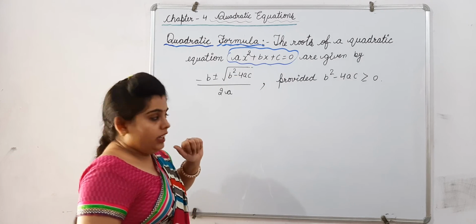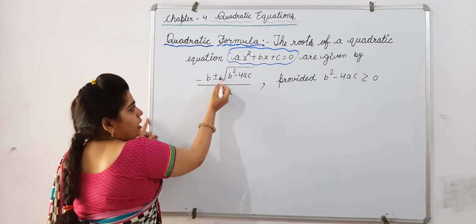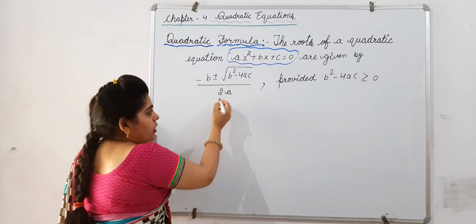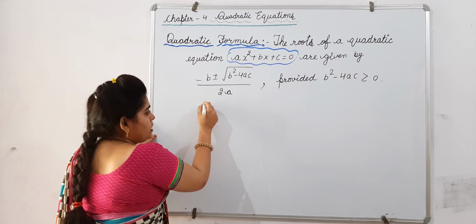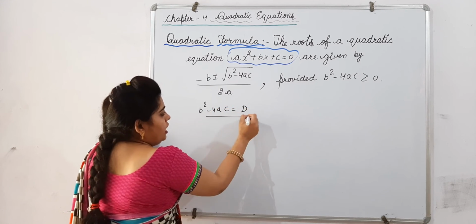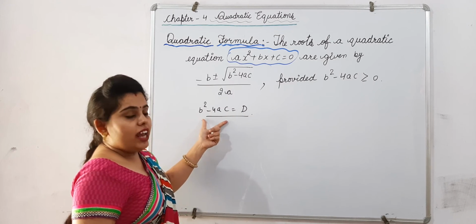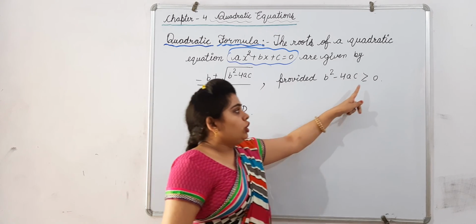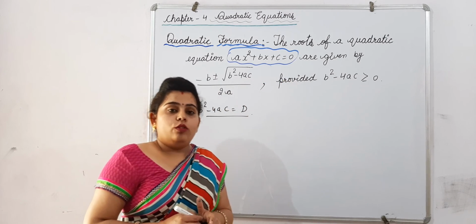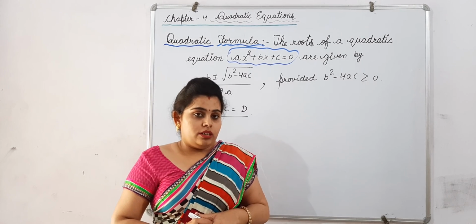Then by the quadratic formula, roots will be minus b plus minus square root of b square minus 4ac divided by 2a, where b square minus 4ac is the discriminant, and one condition is that this discriminant, b square minus 4ac, should be greater than or equal to 0. This is the quadratic formula. These are the basic terms of this chapter.